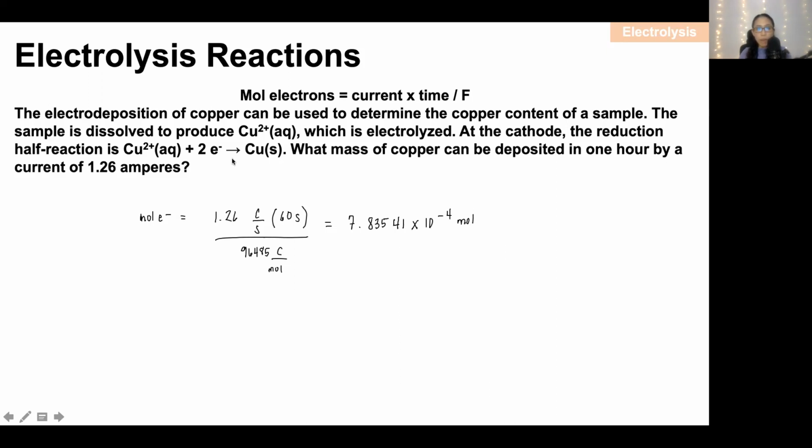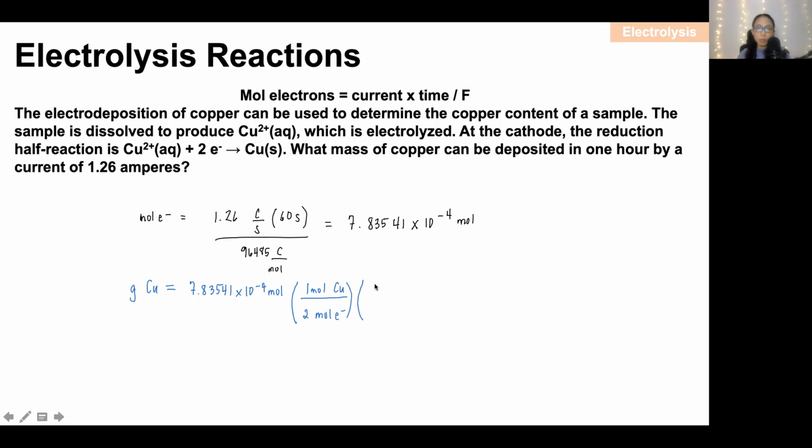Now, according to the reaction, there are 2 electrons involved per mole of copper solid being deposited. So we are looking for the mass, or how many grams of copper, that can be deposited given these conditions. So we have 7.83541 times 10 raised to negative 4 moles of electrons. So 2 moles of electrons is equivalent to 1 mole of solid copper.